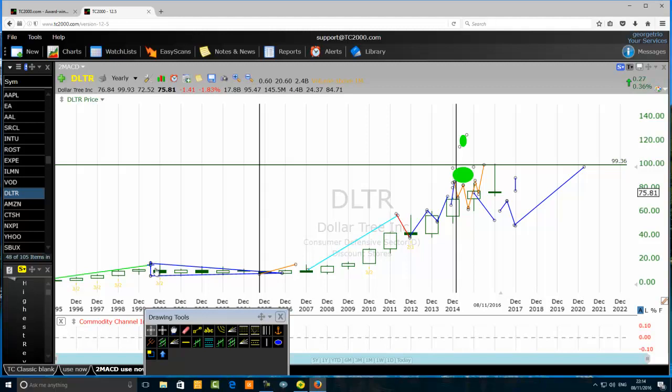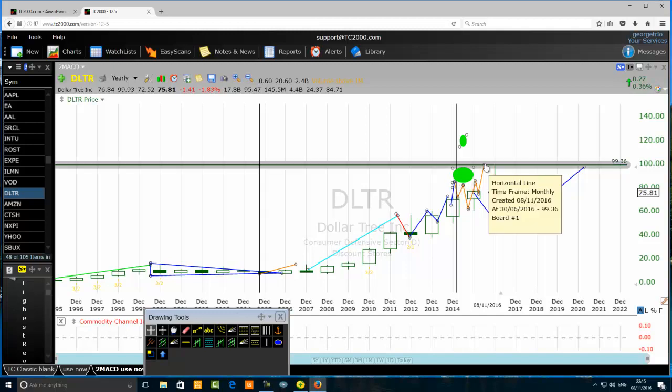So 1, 2, first wave on the yearly chart, second wave on the yearly chart, third Elliott wave on the yearly chart has been subdivided into 5 minor waves, and the fifth minor wave of the third wave is also subdivided into 5 minor waves. All right. Now we see a flat correction. All this we can see on the monthly chart.